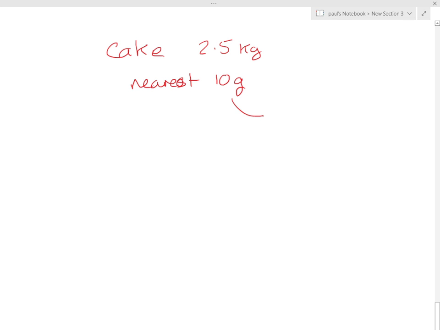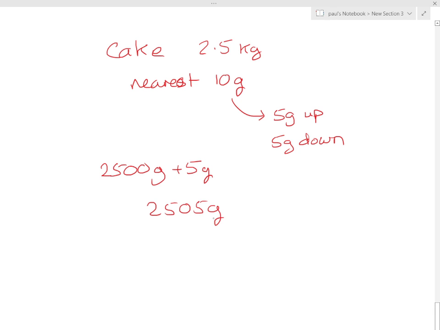Now remember half of this, so you can go 5 grams up or 5 grams down. So this is 2,500 grams plus the 5. So this would be 2,505 grams is the largest it could be, or take away 5 would be 2,495 grams, the smallest or the lightest it could be. Okay, that's that. I'll see you in the next one.